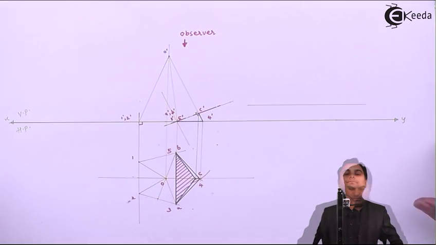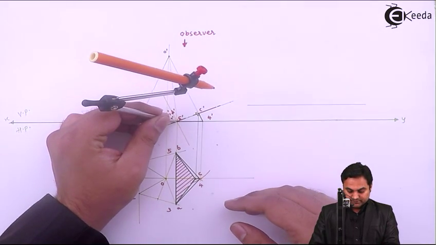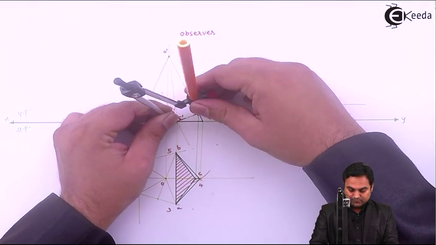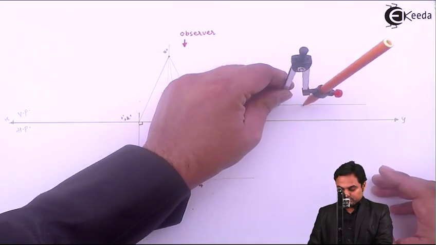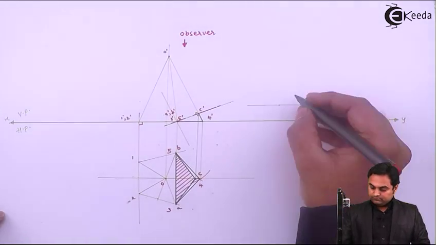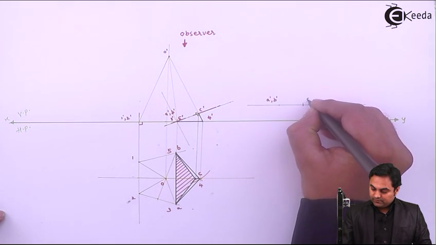Drawing a light line. Now I'll mark the length of the cutting plane. It is from A dash B dash up to C dash. This point I'll say it is A dash B dash. Here we have C dash.